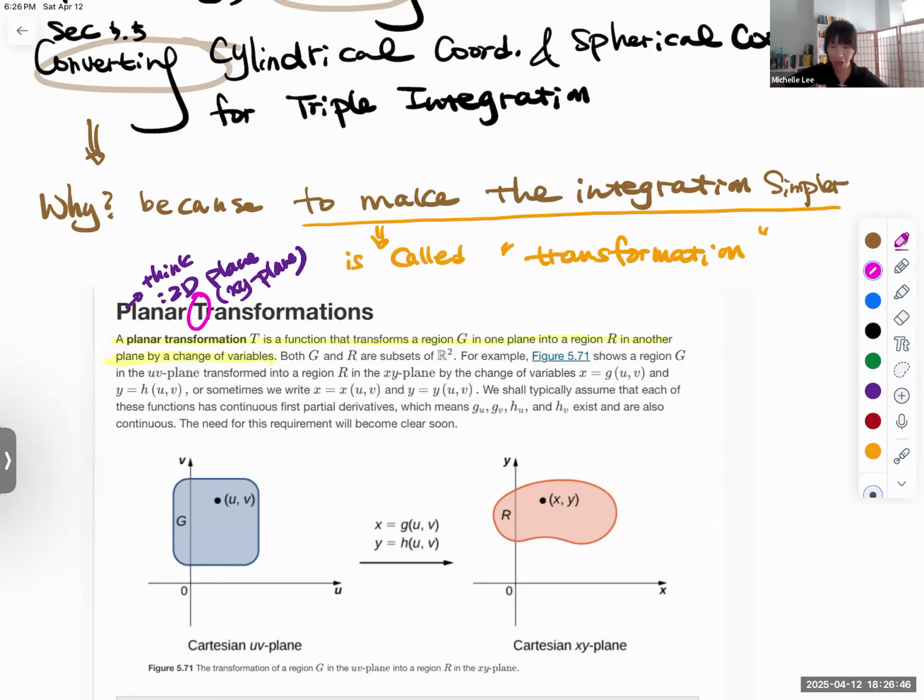T is the function that transforms a region G in one plane into a region R in another plane by a change of variable. In this case, UV changes to XY, right?